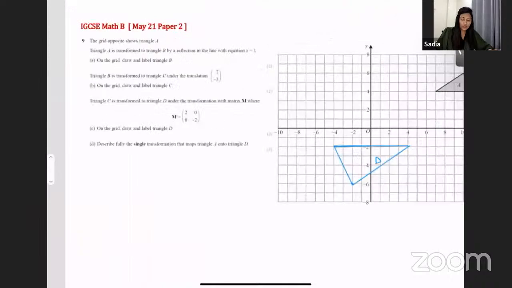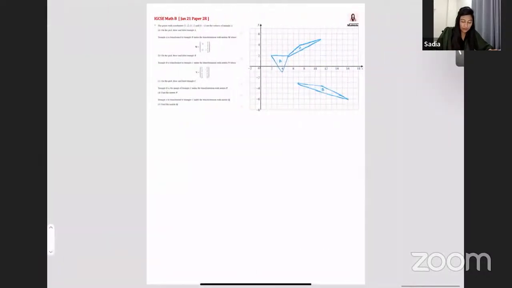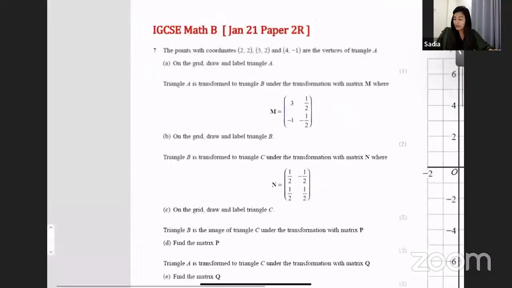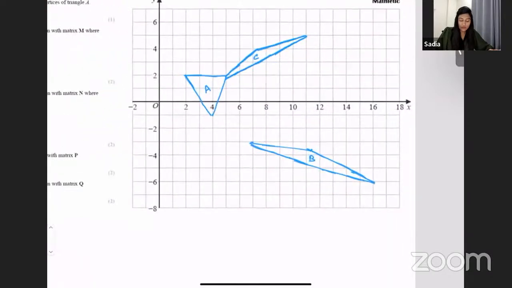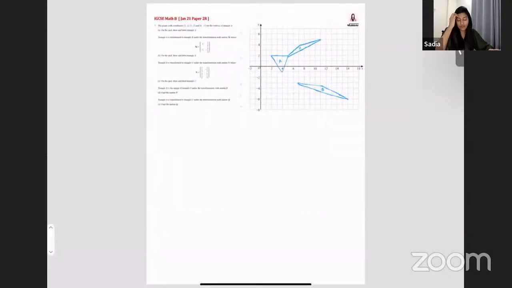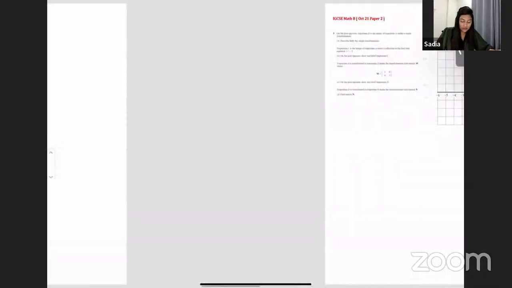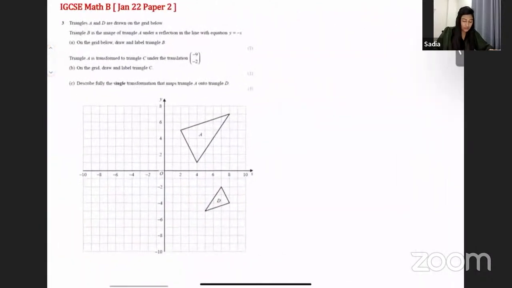For May 21, Jan 21, and the Jan 21 R paper, we will be solving the difficult portions, part D and part E, where you will need information which I have already used from the mark scheme. We will see those problems later. Let me start with Jan 22, paper 2, number 3.